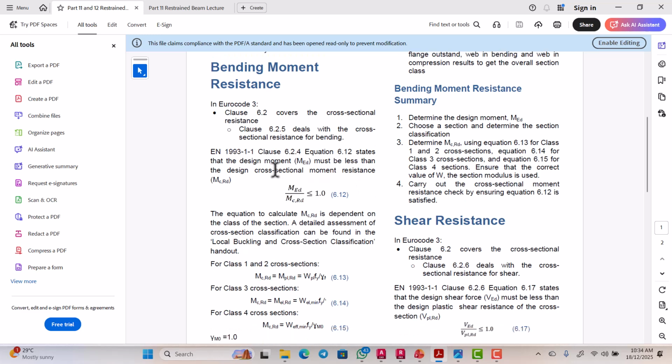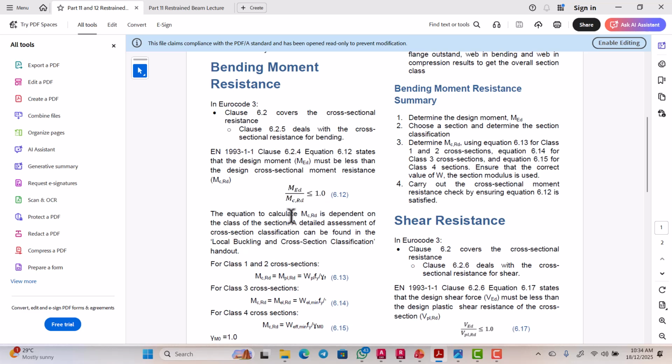What this entails is that the moment resistance must be greater, because this is what is resisting the applied moment. So equation 6.12 says that the applied moment over the resisting moment must be equal to or less than 1.